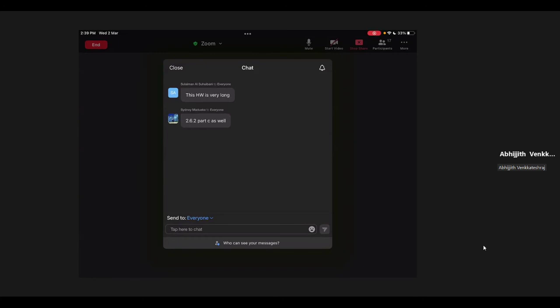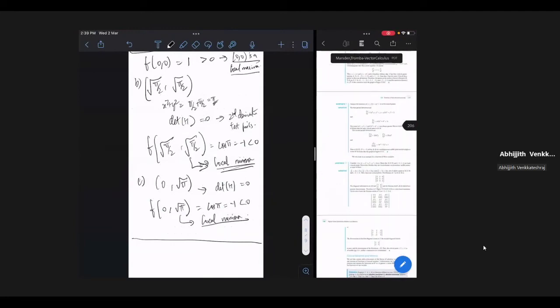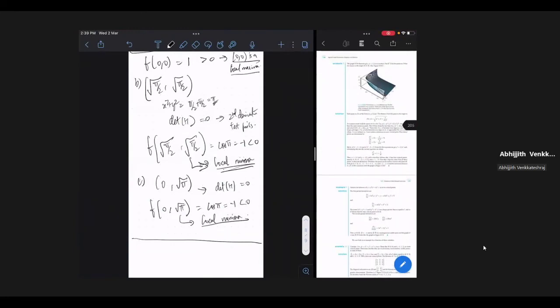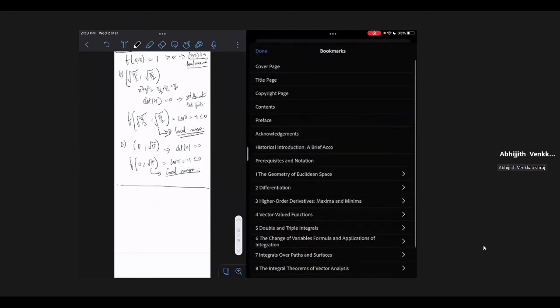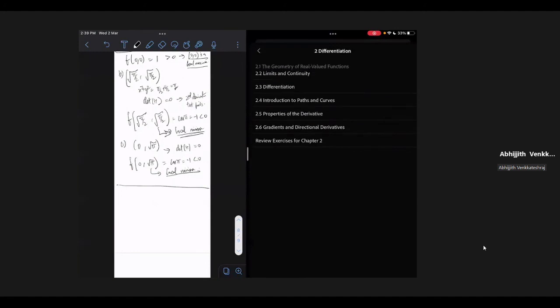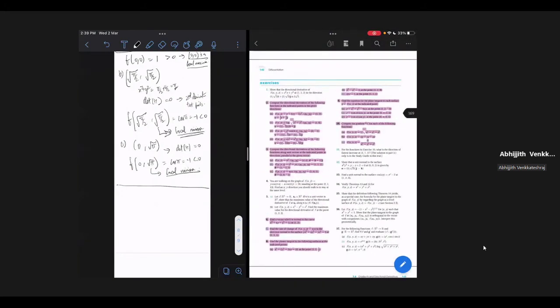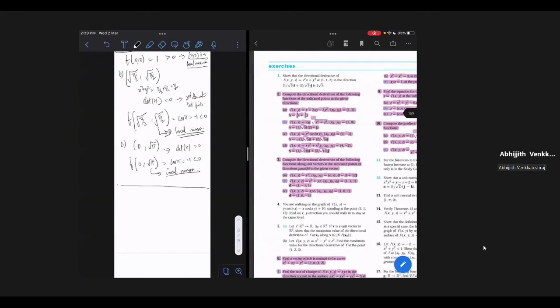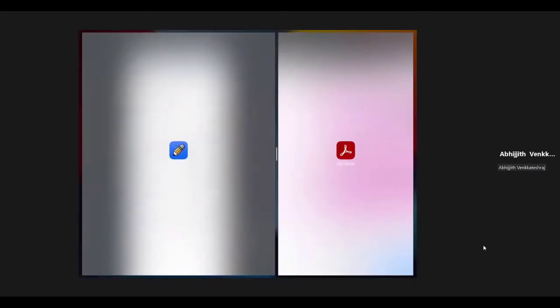Okay, 2.6.2 part C. I'll check what that is. Okay, asking for the C part.